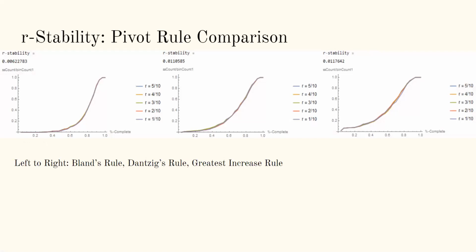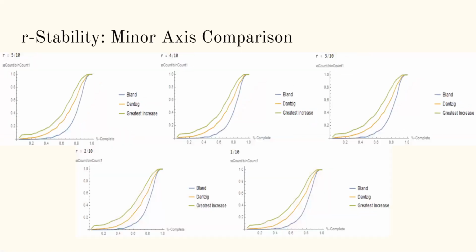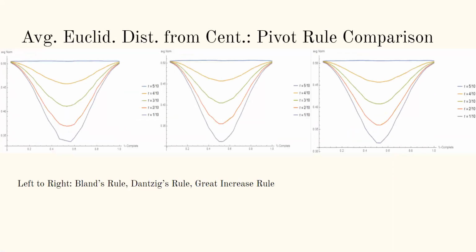Thus we see through these three pivot rules that Bland's rule is more uniform and has a smaller R stability, and a higher R stability goes to the greatest increase rule, where there is much more shifting. To compare via minor axis, we see that it holds true for all that the greatest increase rule will more likely be one-to-one with the shortest path than the other two.